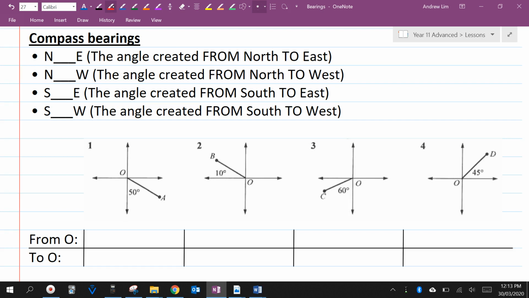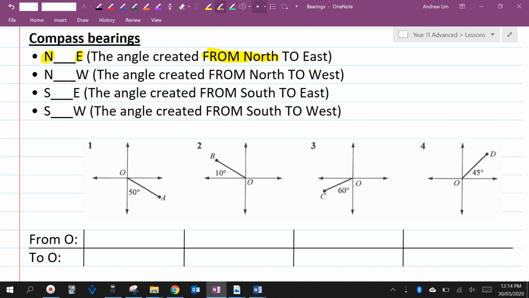The four main compass bearings are from north to east, north to west, south to east, and south to west. So north to east is the angle created from north to east. This is really important: from north to east, because we start at north and we're going east.